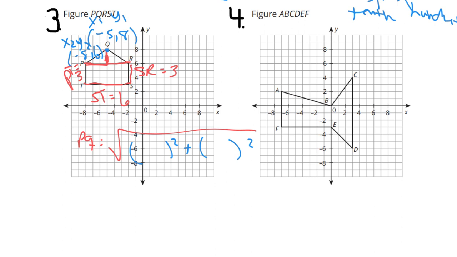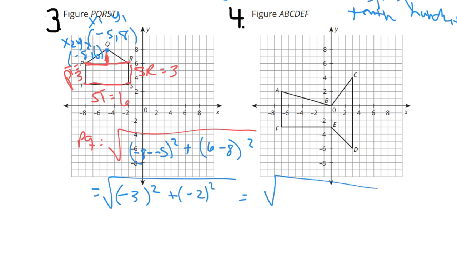So I have x2 minus x1. X2 is -8, so -8 minus -5. It's 2 negatives. And then y2, which was 6, minus y1, which was 8. And -8 minus -5, remember that's the same thing as -8 plus 5, and -8 plus 5 is -3. So -3 squared plus 6 minus 8 is -2 squared.